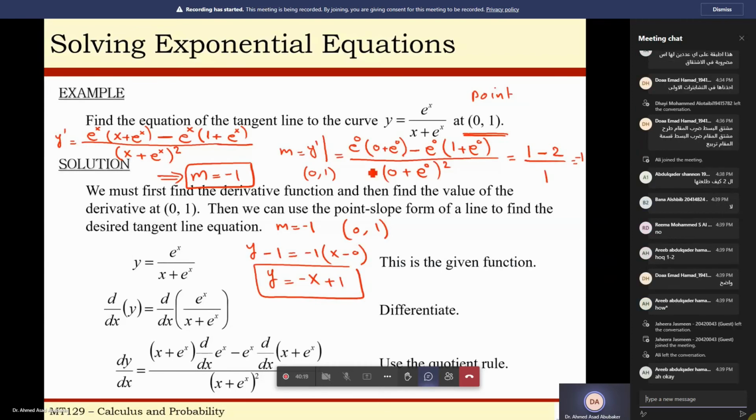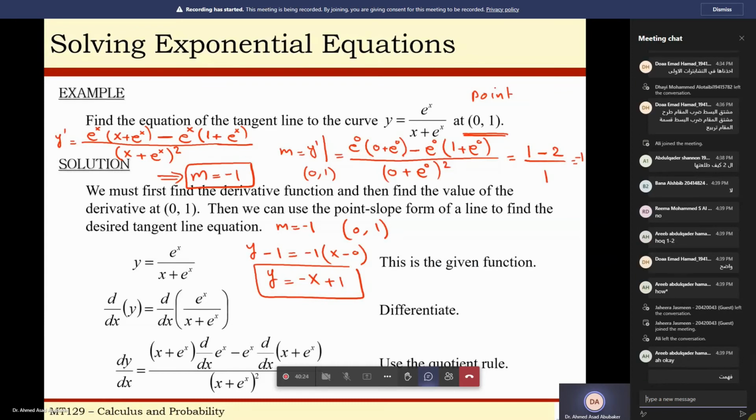Got it? Substitute e to the power 0, it is a number, the e is 2.7, like this. Okay, any number to the power 0 is 1, substitute e to the power 0 replaced by 1, you can get it 1 minus 1 over 1. Okay, any question?